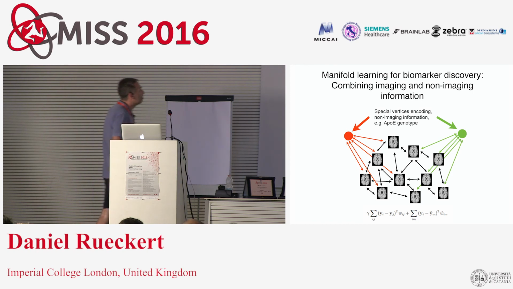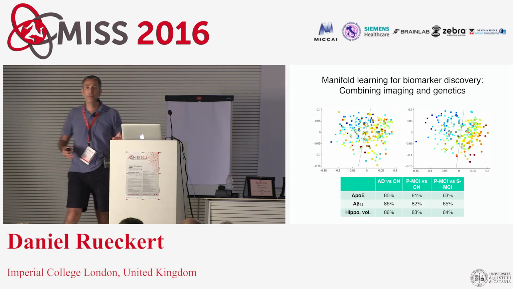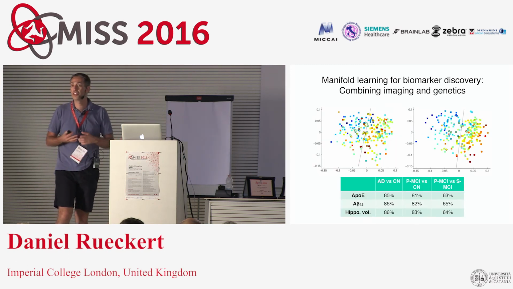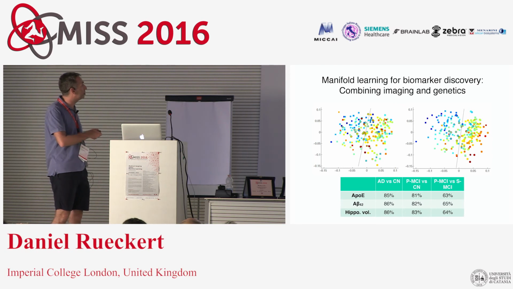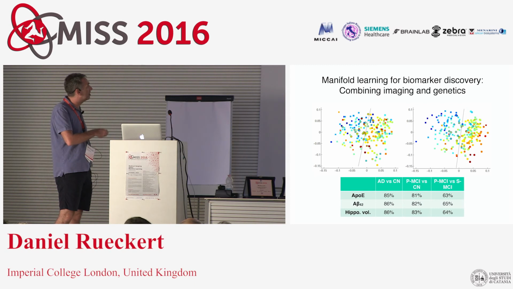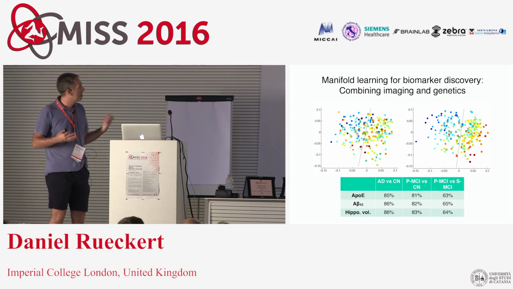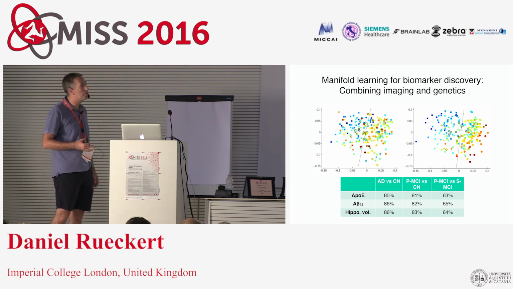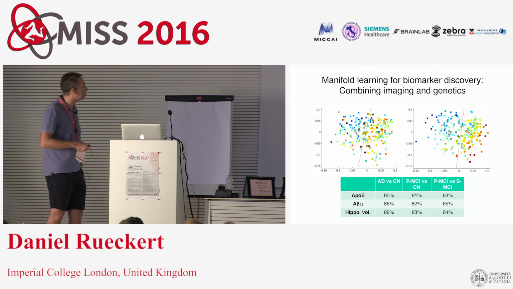And here's an example of what this does. On the left-hand side, you see a manifold embedding in 2 dimensions of subjects where similarities have been learned based on imaging information alone. If you try to find a separation between the red points and the blue points, it's very hard to do.